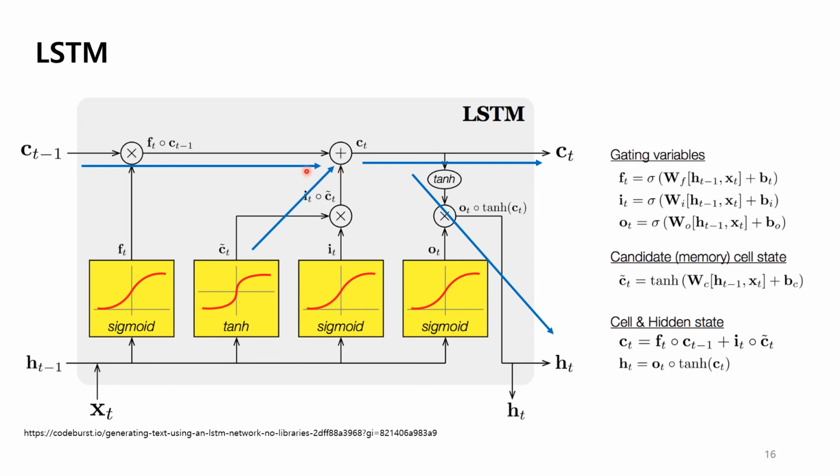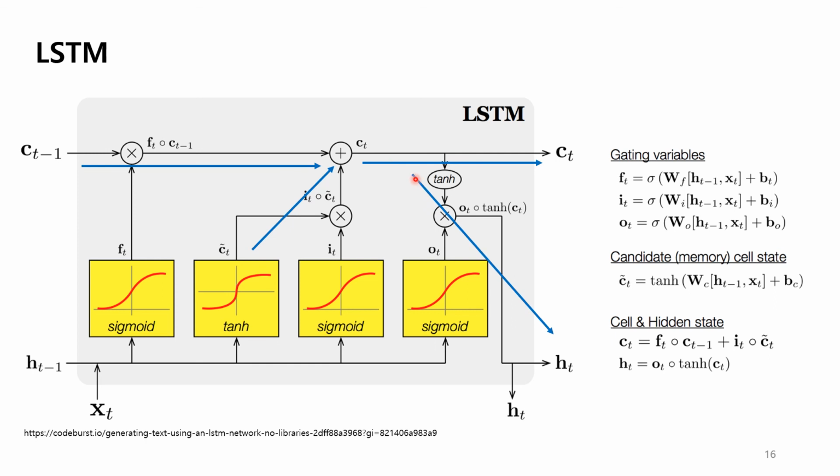So this information goes through the forget gate. This output goes through the input gate. The final results here are added together. The result is passed to the memory cell in the next step, and also this result is passed to the hidden node value in the next step.